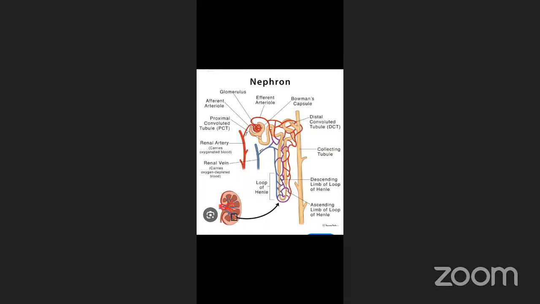And all this will have an effect on the type of urine which is produced. The type of urine in this case will either be concentrated and little, or a lot and dilute. And that's what brings about osmoregulation.